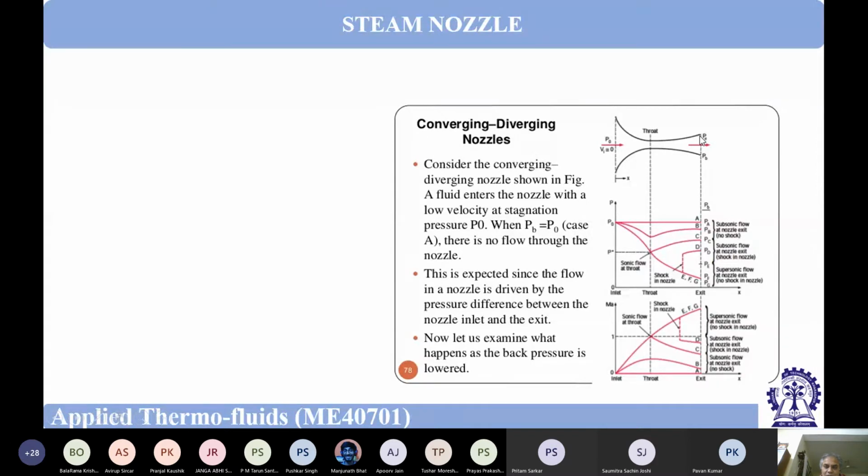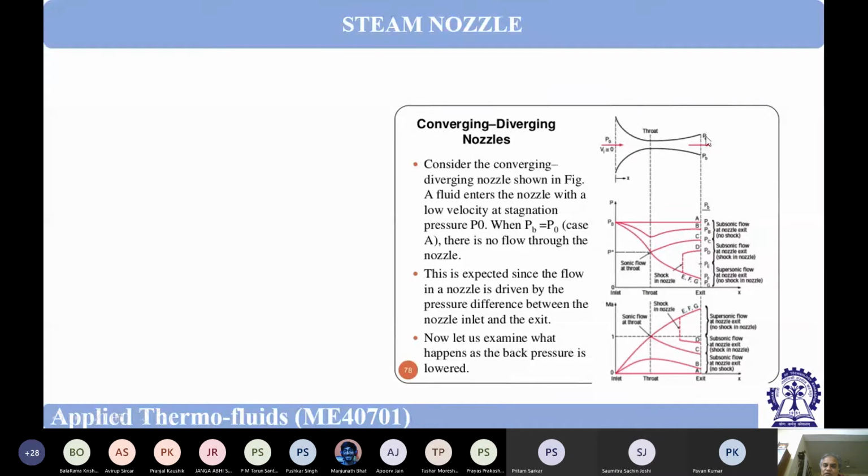Now here we have the back pressure, and we are reducing this back pressure gradually. Then we will have different mass flow rates and different pressure values. Initially the back pressure is equal to P0. Everywhere the pressure is the same, and the Mach number is the same, that is Mach number is equal to 0.